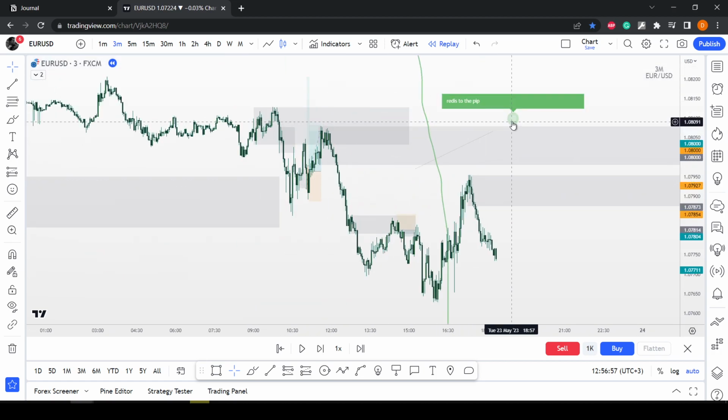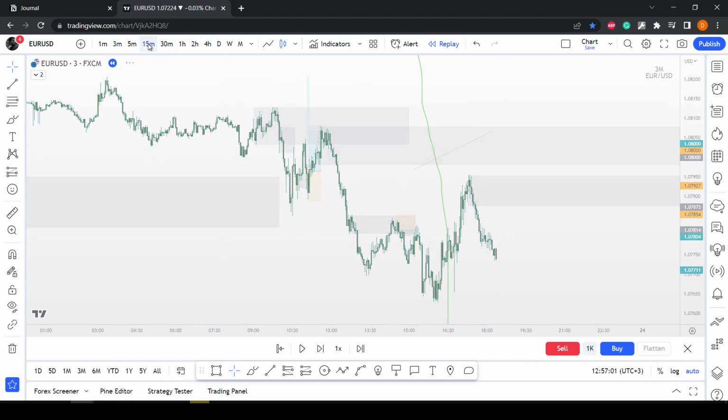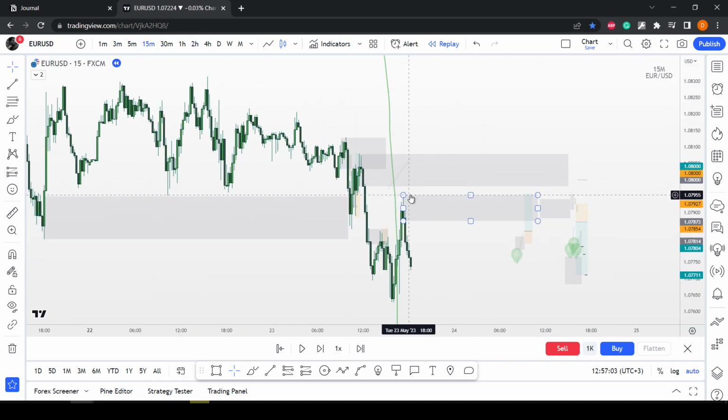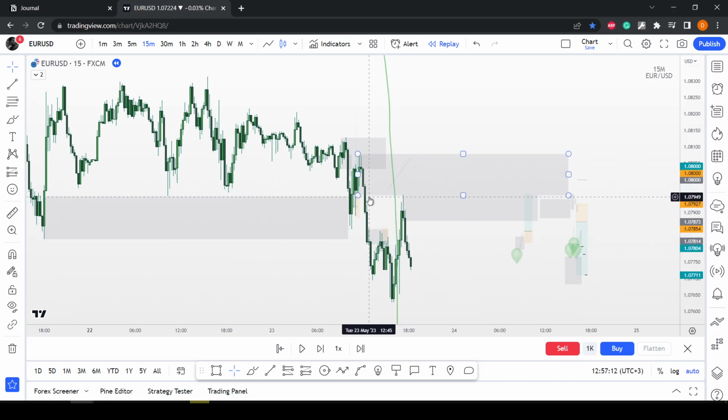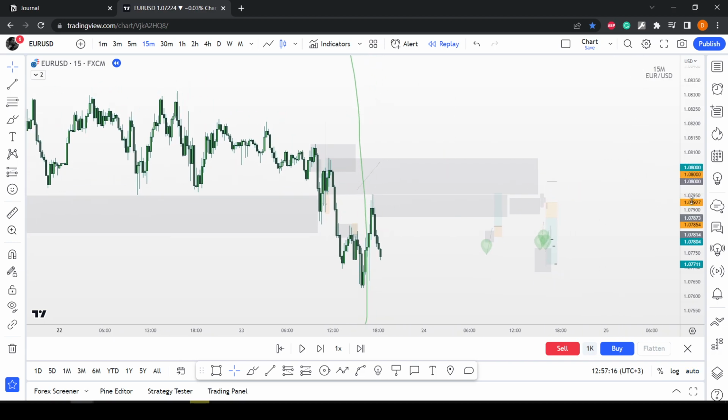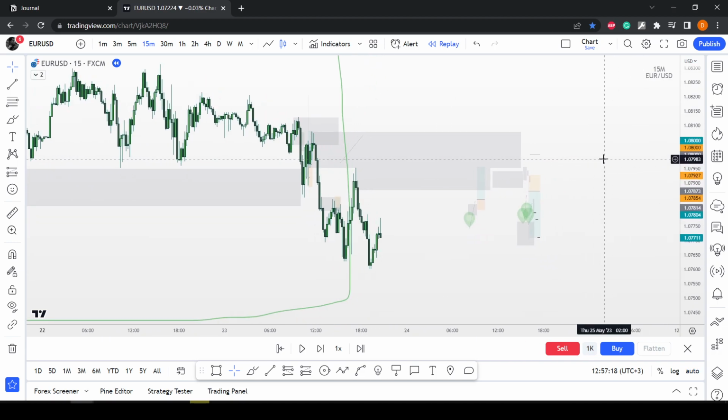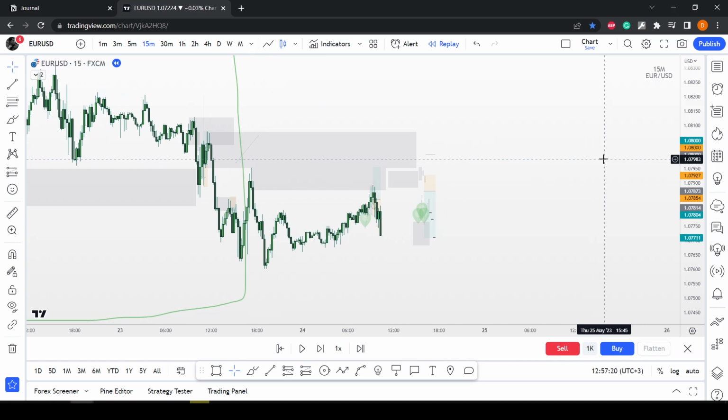Here I don't know why I say redistribution to the pip, maybe to this zone. So as you can see, it went an impulse, and redistribution straight to this unmitigated part, and created more movement to the downside.